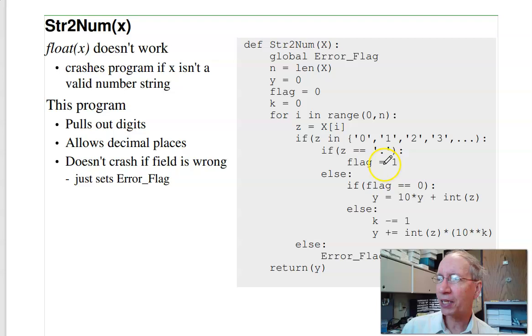If it is, set a flag, because that tells me how to handle the numbers. If I read 1, 2, 3, each number is times 10 plus x. So the next one's a 4, it's 123 times 10 plus 4. If there's a decimal point, then each one is a decreasing power of 10. So they'll convert these to a number.